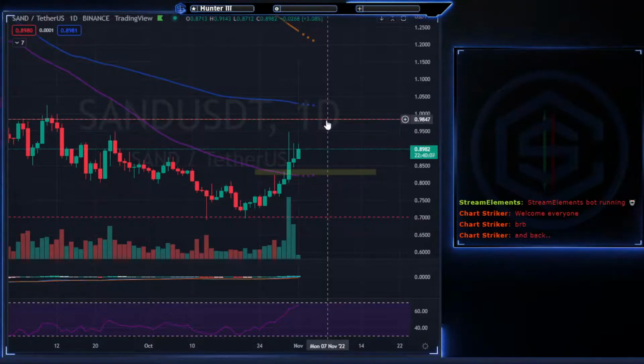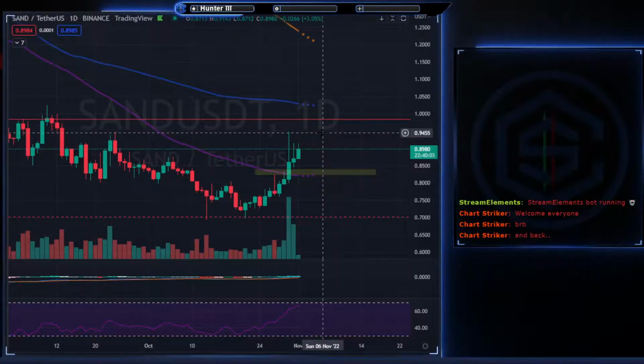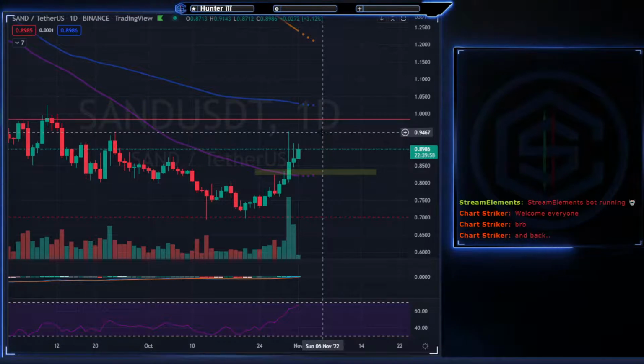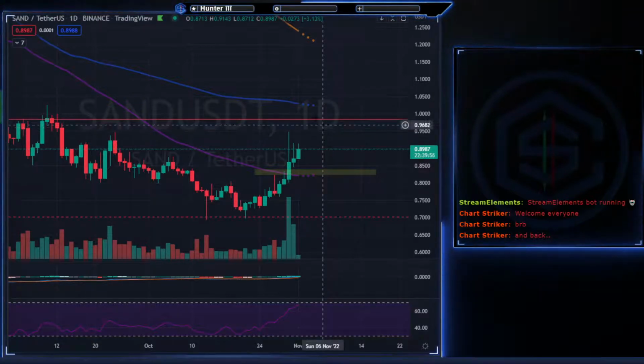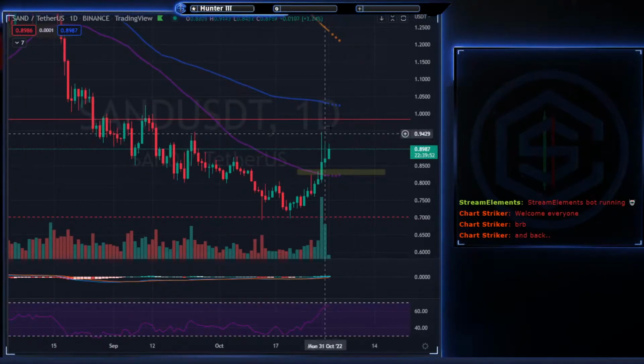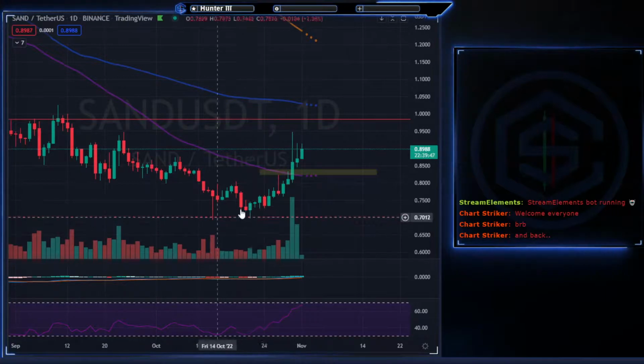But we gotta break above 0.92, 0.94, at least on a 4 hourly, so we can see the levels of $1. But this one was beautiful when it was at support.